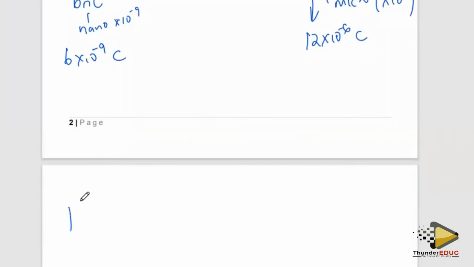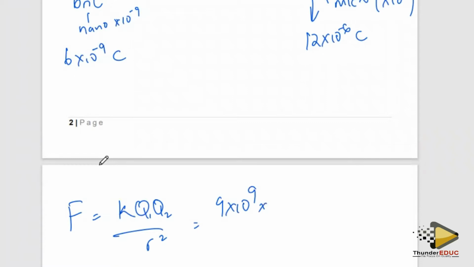So my force, using that formula, is going to be K, which is 9 times 10 to the 9, multiplied by 6 times 10 to the negative 9, multiplied by 12 times 10 to the negative 6, and divided by the distance squared.